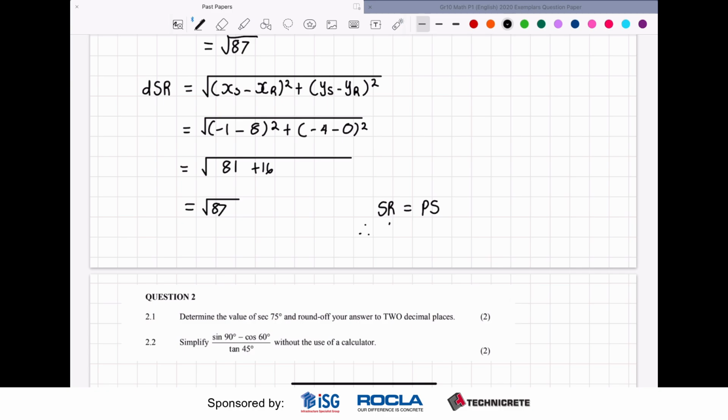Therefore, PSR is an isosceles triangle.